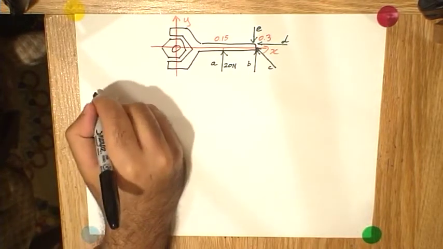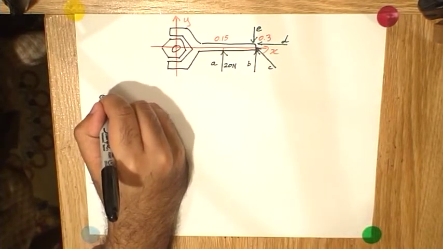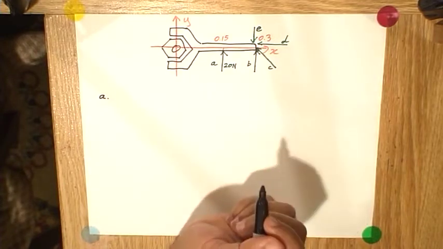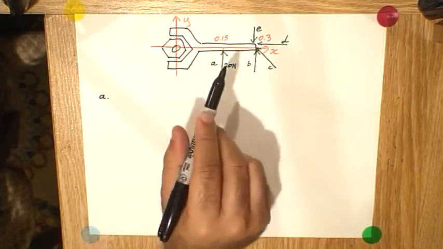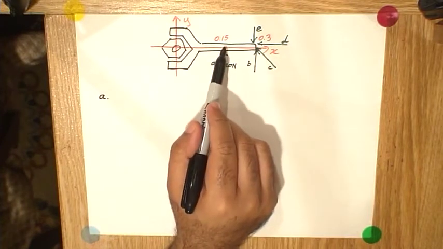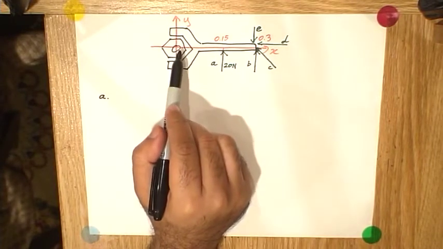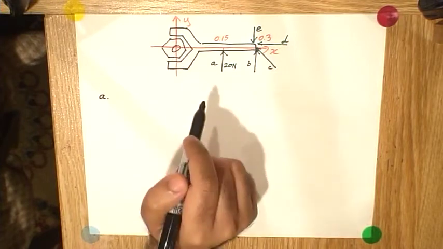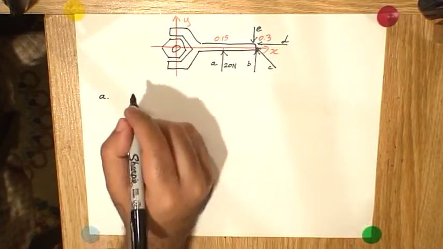Let's start with part A. Now, here we have a force of 20 newtons at a position of 0.15 meters from the center of the hex nut, from the center of rotation.